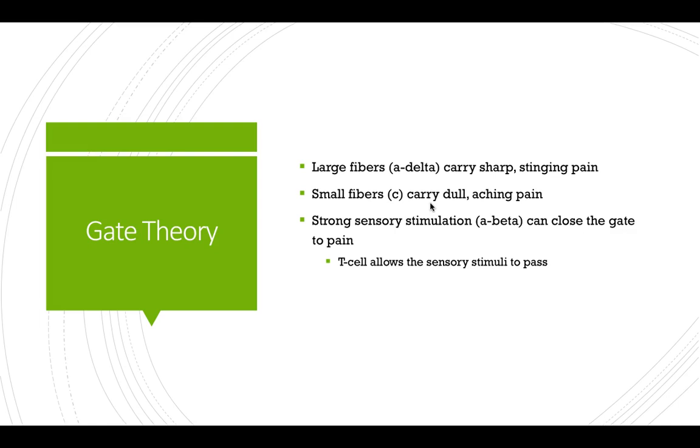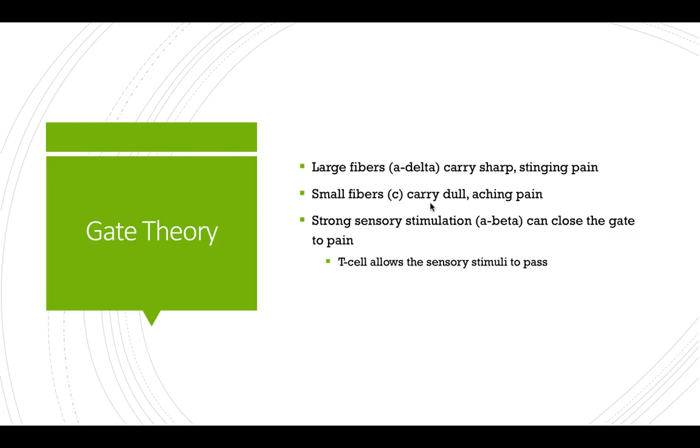So it's going to send the A beta signal to the gate, and that will close the gate on the pain and only let the A beta fiber sensation go up, which is strong sensory. If you go back to our chart, A betas were really our touch or our movement. And so that signal gets sent up, and we feel that more so than the pain itself.